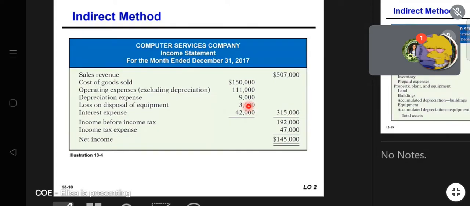Take note here kung ano man ni siya. Kung gain pa unta ni, so this will be gain on disposal of equipment. I repeat, if this is gain, this will be presented as negative here.